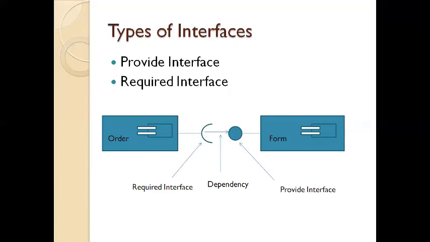Now what are the different types of interfaces? But before that, looking at the different kinds of components we have seen: the executables, libraries, files, or documents. The executable is used to specify that the component will be executed on a node.